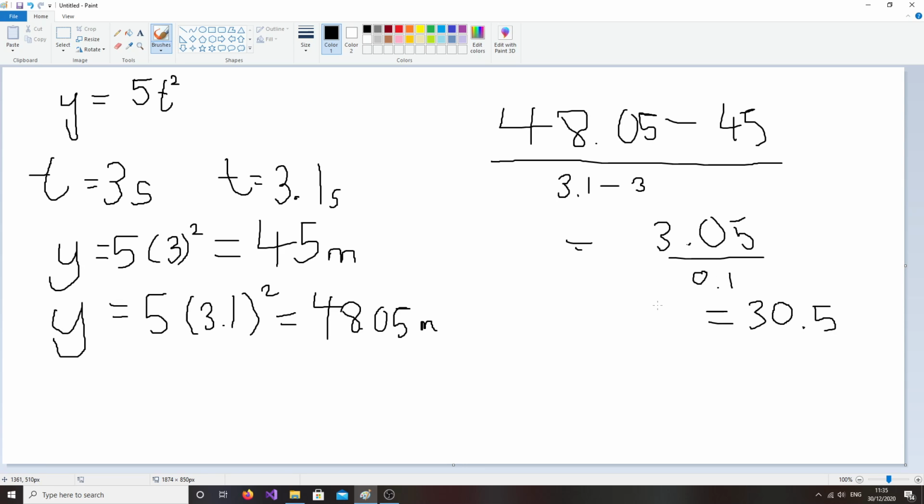So we can see that in that time interval of 0.1 seconds, the average speed is 30.5. So now let's do another interval.